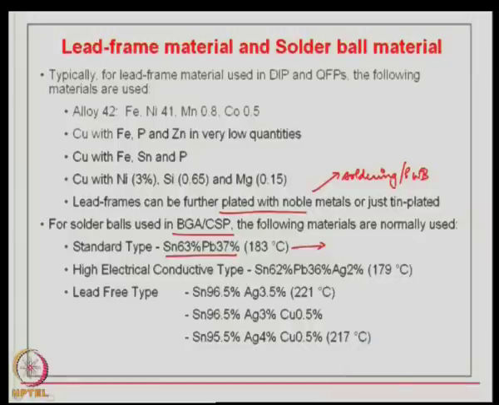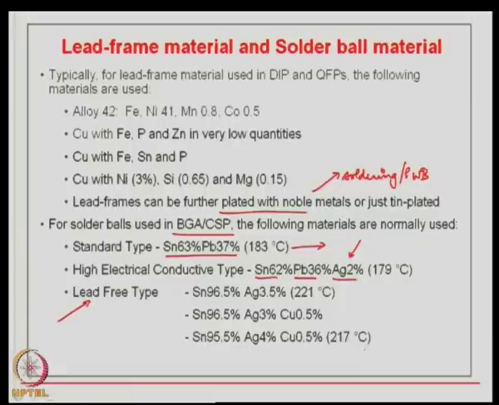The high electrical conductivity type material is tin, lead and silver. Silver is introduced to improve the electrical conductivity, and the melting point is around 179. And more importantly, lead free: many industries are switching over to lead free. When I talk about lead based, it is already extinct in most industries.